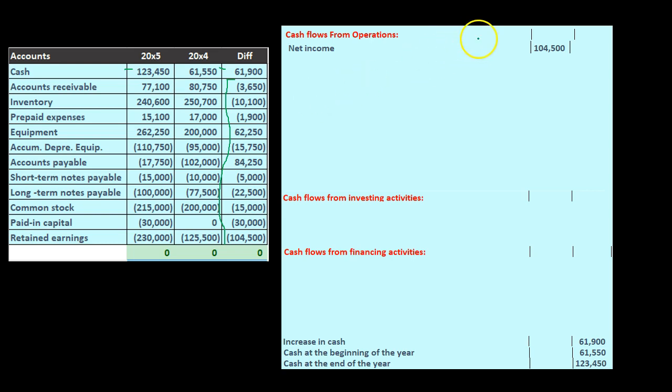So what we're going to do is actually start here with 104,500, recognizing that that's not net income, but that we'll have to go back and break that out so that we don't complicate things in the beginning.